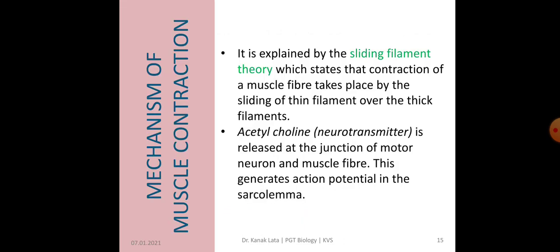Now let us discuss about mechanism of muscle contraction. Mechanism of muscle contraction is explained by the sliding filament theory. This theory states that contraction of a muscle fiber takes place by the sliding of thin filament, that is actin, over the thick filaments, that is myosin. Neurotransmitter, that is acetylcholine, is released at the junction of motor neuron and muscle fiber.